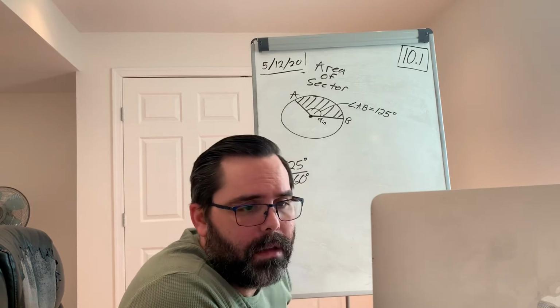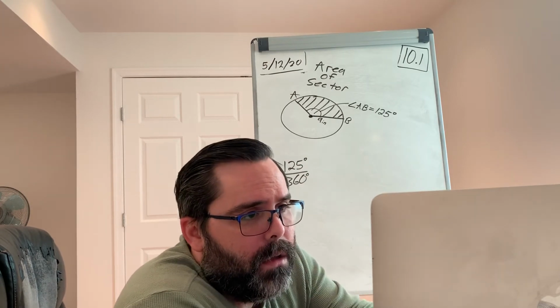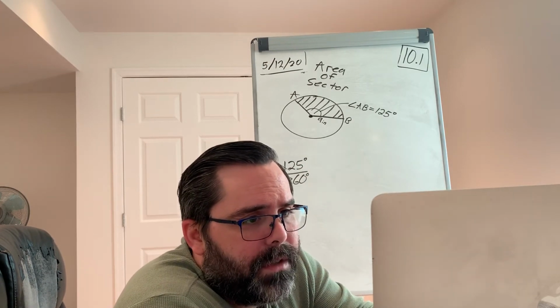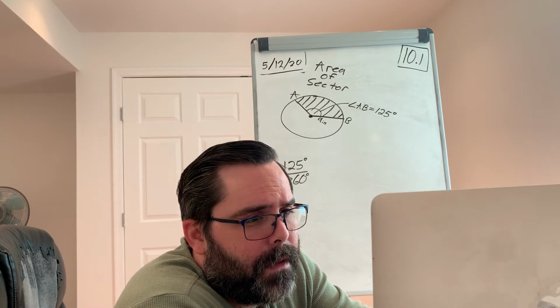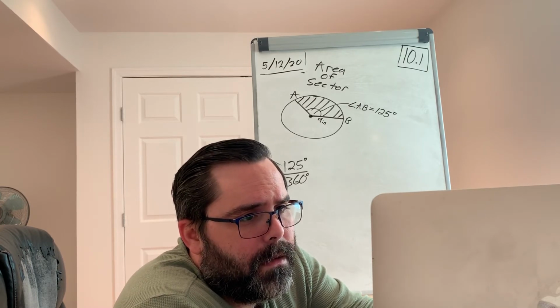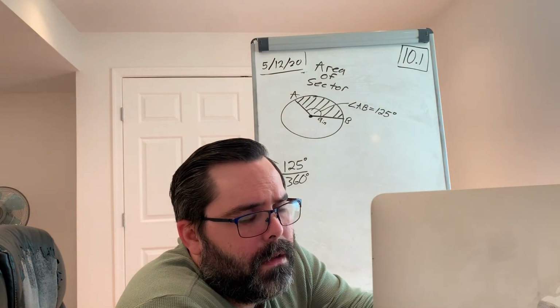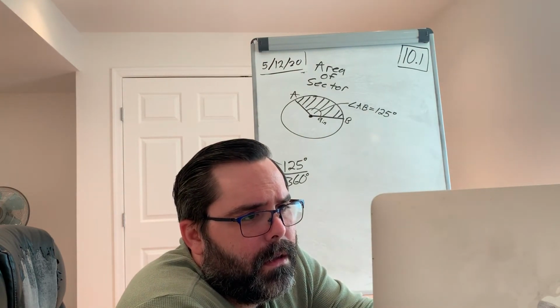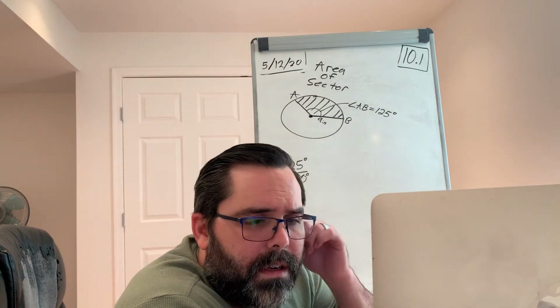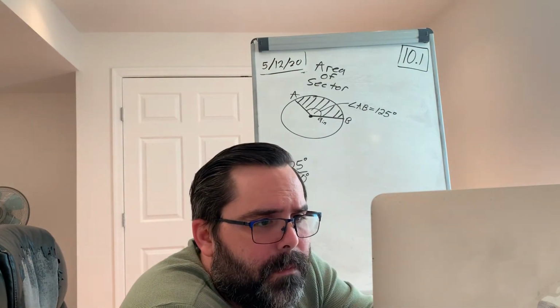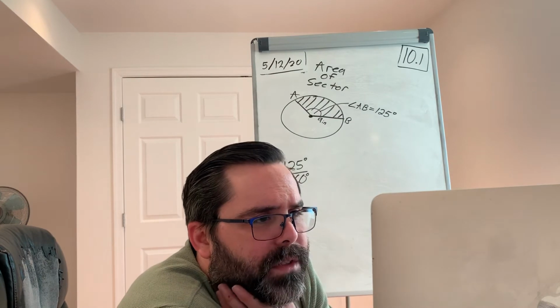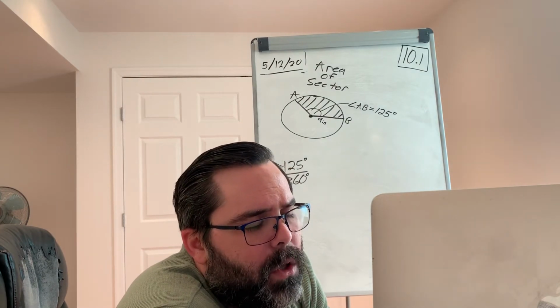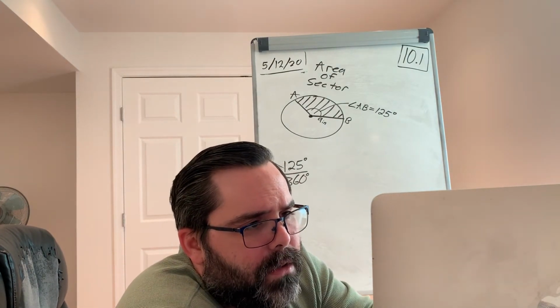So how do you calculate that? Well, you divide 120 by 360. And that's going to give us a decimal. It's about 33%. It's close to a third.